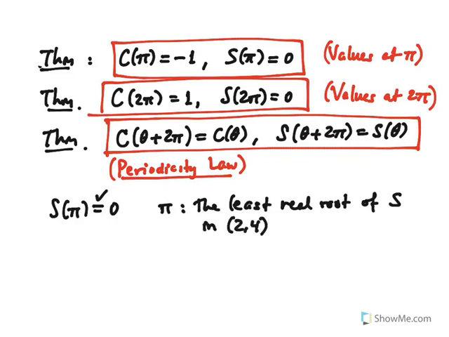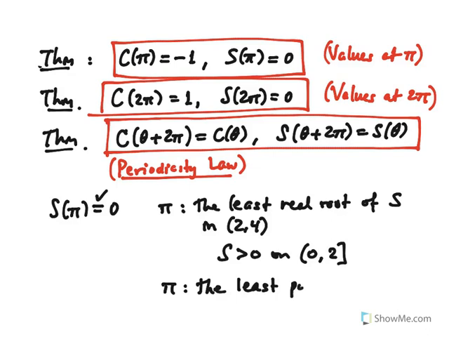But we also know that since capital S is positive on 0 to 2, inclusive of 2, in fact pi can be described as the least positive real root. That's probably a nicer way to describe it. It's the least positive real root of the capital S function. In particular, it is a root, so we know this. And then the only question is, how do I know that the capital C function has the value -1 there?